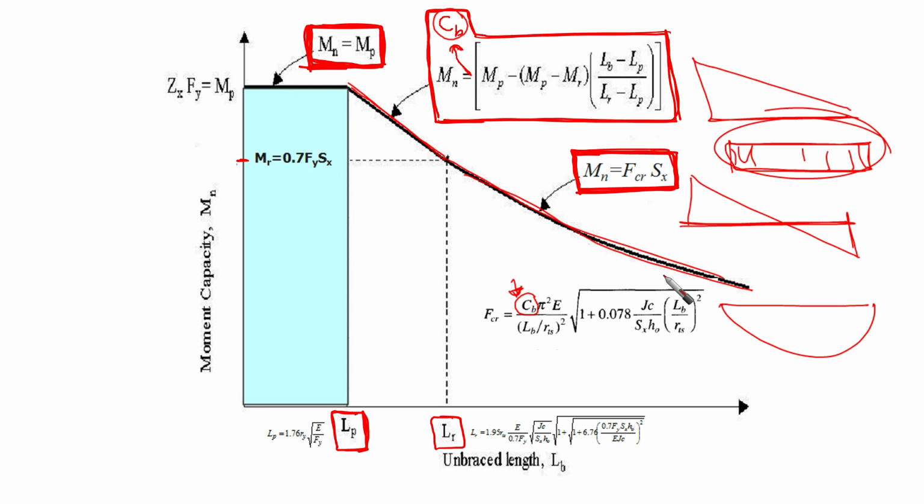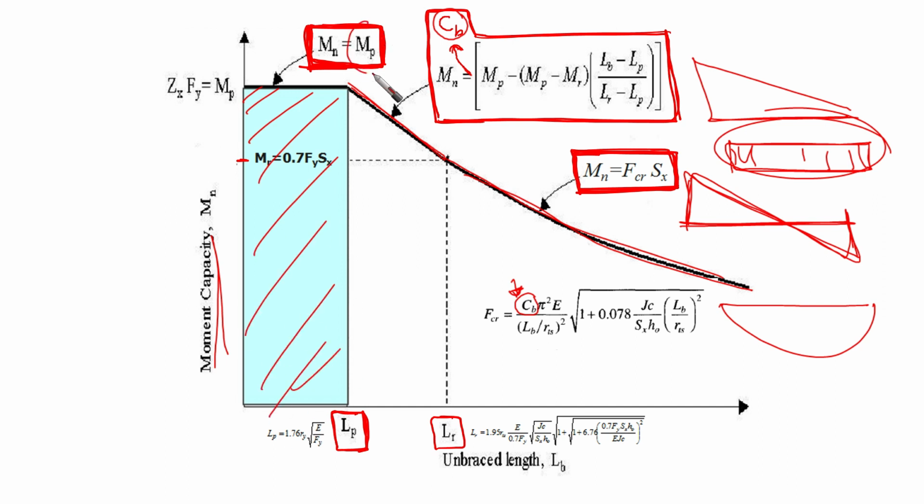The type and pattern and non-uniformity, or the moment gradient, is going to be an important element for the moment capacity of the whole section. However, in the part that is related to the plastic moment, we found only MP. It has nothing to do with the moment gradient. We do not care about the shape of the moment along the element.